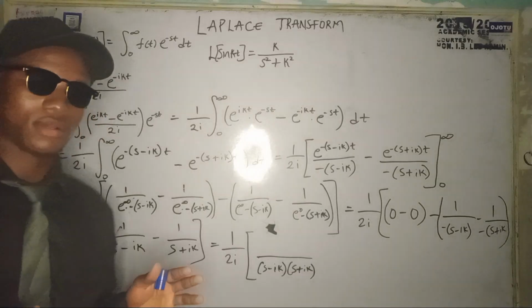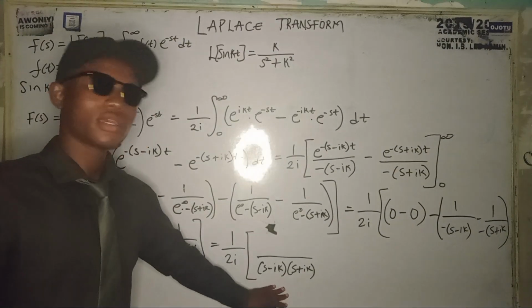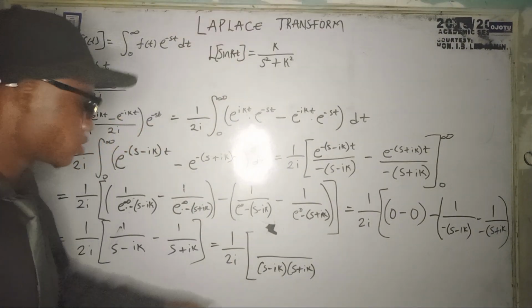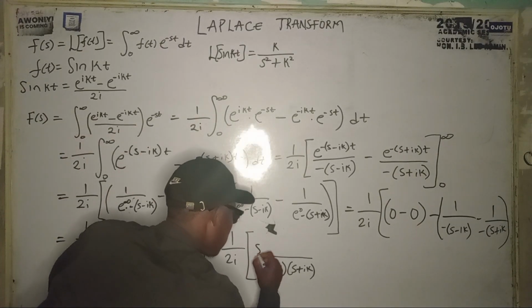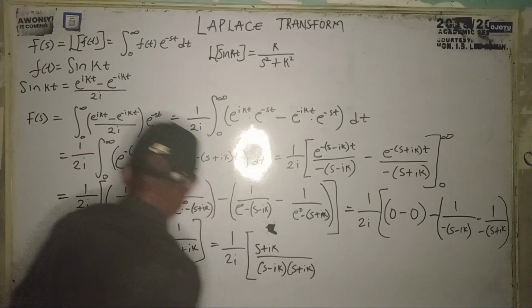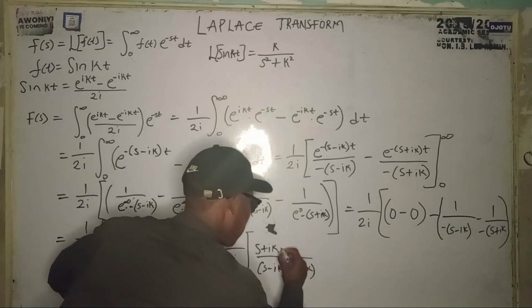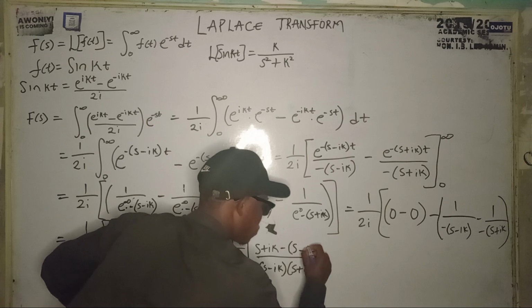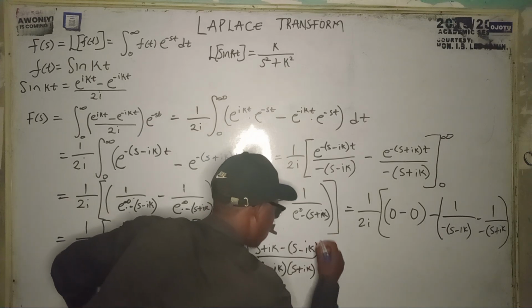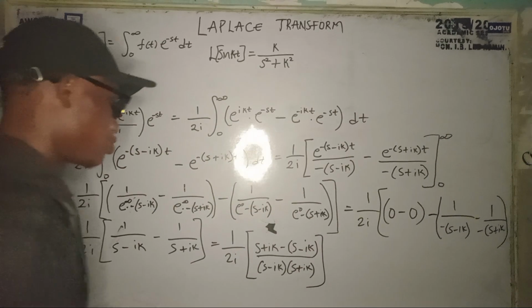So for people that are listening, you will begin to see a pattern here and see that we are getting closer to what we are about to get to. So we have s plus ik here, and our minus sign, minus into brackets s minus ik. That is what the LCM is going to give us.